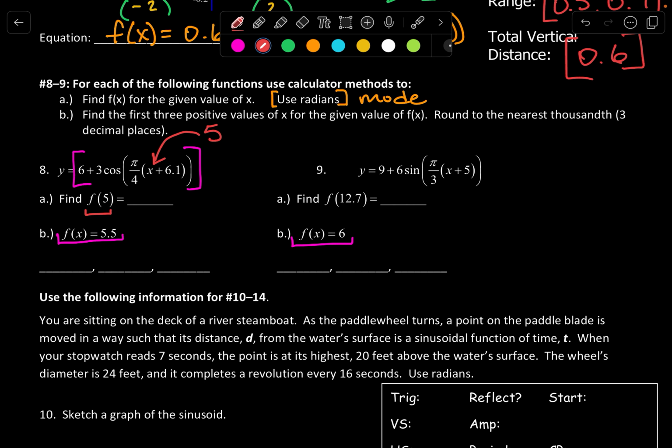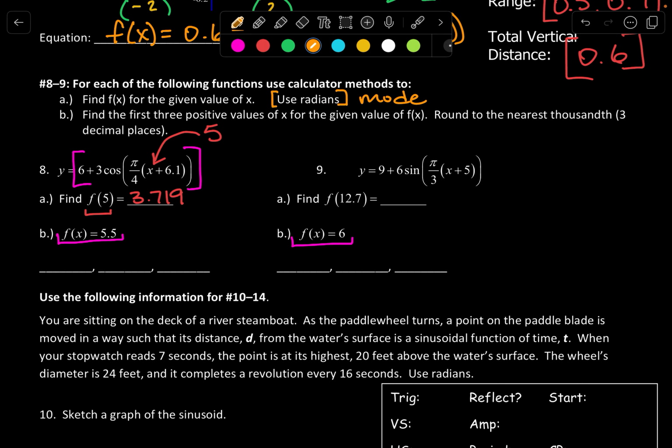You close all your parentheses, and you should get 3.7187, which means you need to round up. And it says in the instructions, round to the nearest thousandth, 3 decimal places.